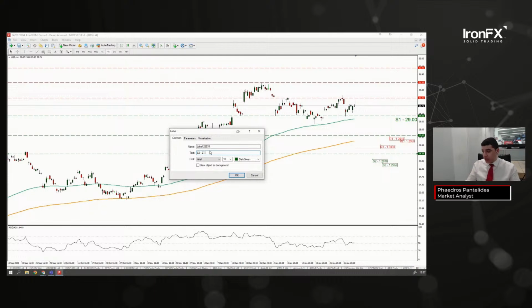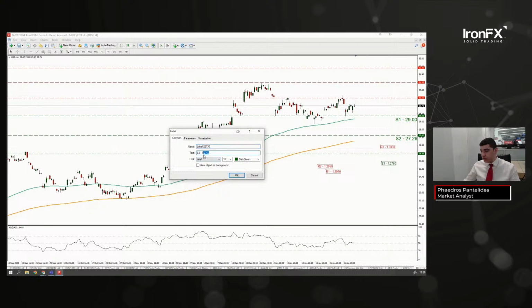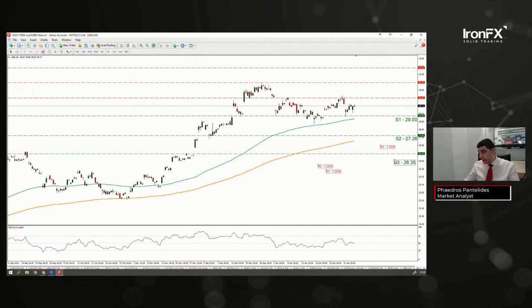We'll also be looking at BP, who I think was up about 3% today, also announcing a share buyback program. So that's providing support for the company's stock price. We're going to be doing a technical analysis on British Petroleum in just a moment. So you've got 26.35 for S3.